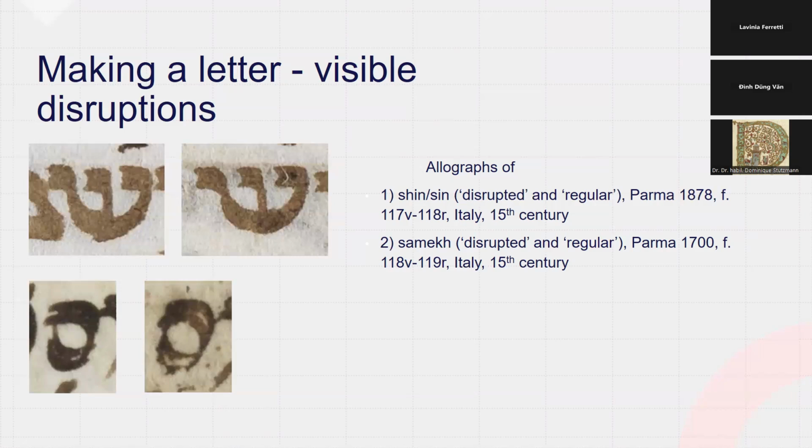Again, because it's not a regular occurrence, we have proof as to why it was written this way. While in the more regular variant, we can't actually prove that this letter was written in exactly the same manner because we don't have these little edges popping up in various places.